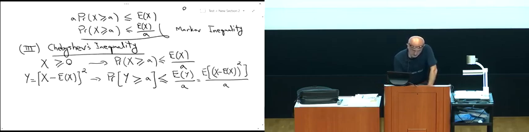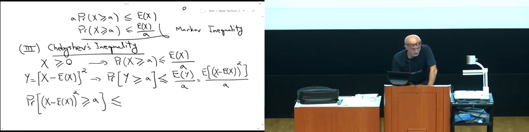Excellent. Now I'm going to massage the left-hand side of the inequality so that we have everything in terms of X. The inequality says that the probability that X is away from its mean by more than a certain amount is less than or equal to the expected value of (X minus E[X]) squared over a.